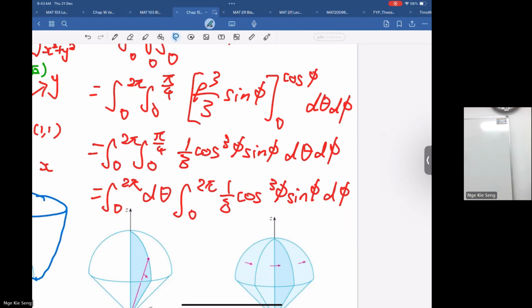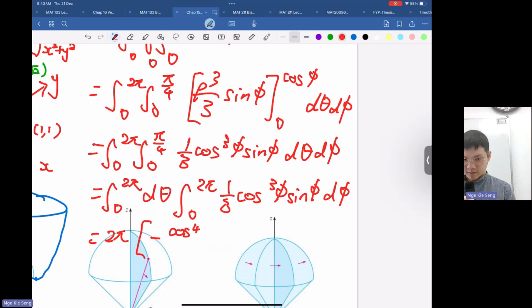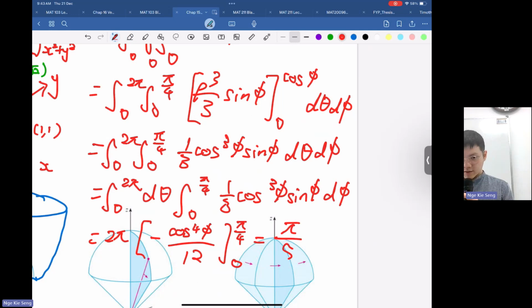Okay, integration by substitution. What do you get? Minus cos to the fourth. So what you use here is integration by substitution.